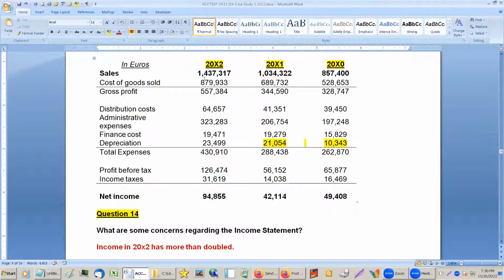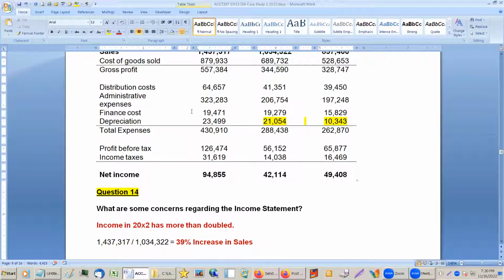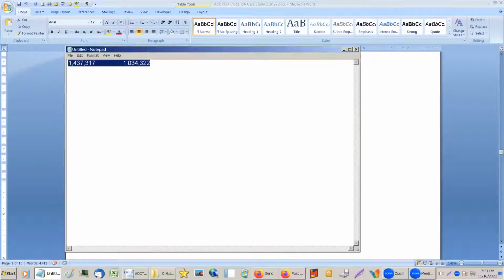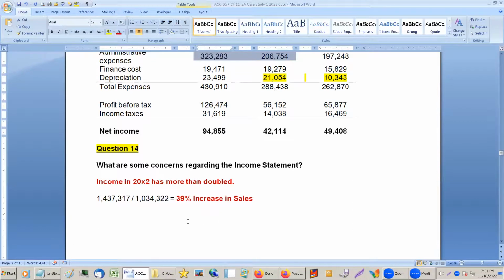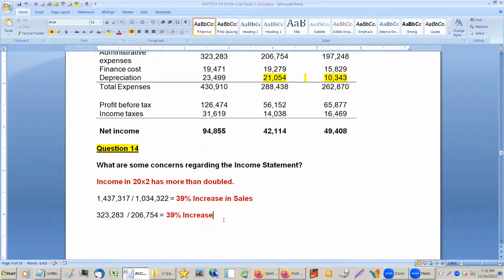Cost of goods sold jumped up, but you'd expect that with the sales jumping up. This is the one that jumps out to me also, the administrative expenses. It's not 39%.